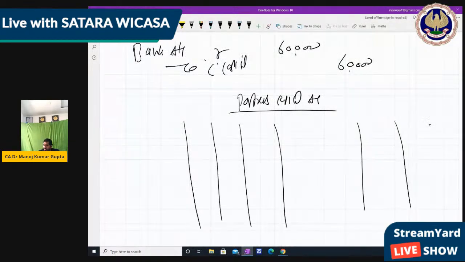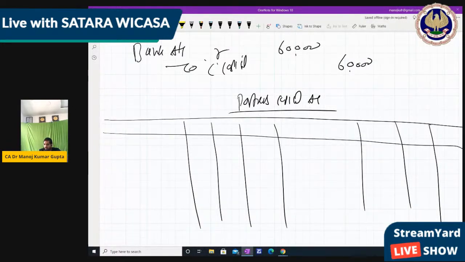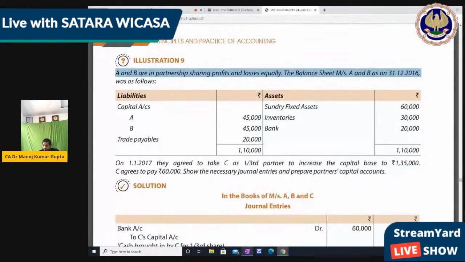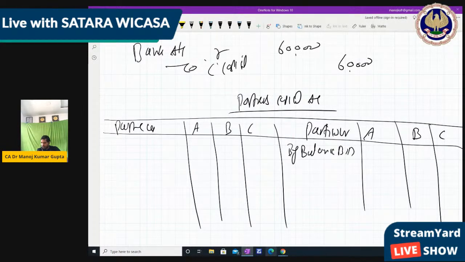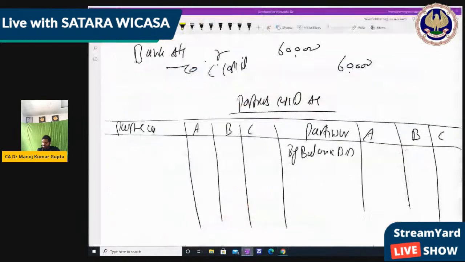How to prepare the partner capital account? Particulars, for the partner names: A and B, and they admit C. A, B, C. Particulars A, B, C. Right? First, balance brought down A 45, B 45.